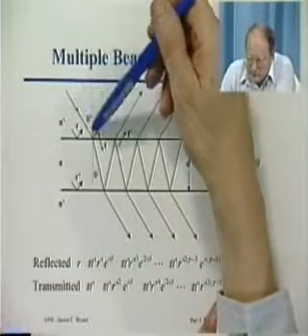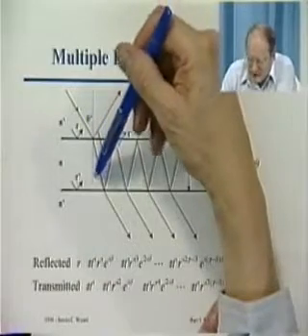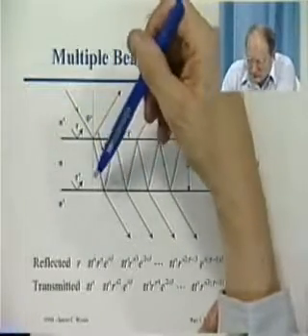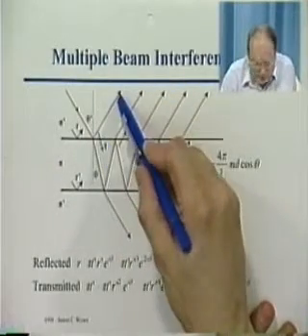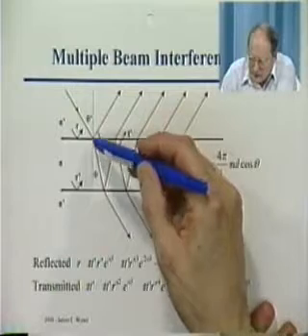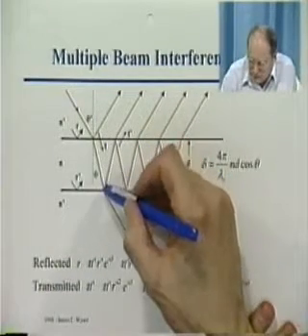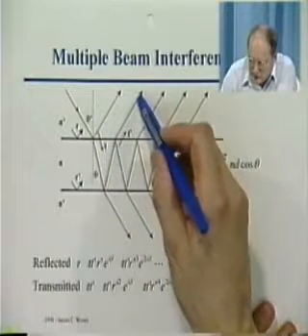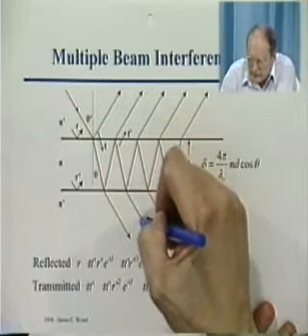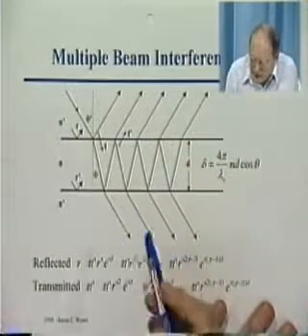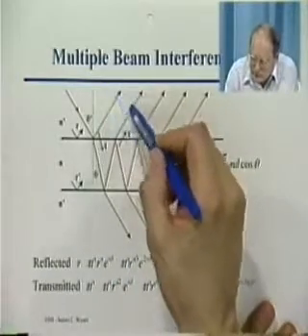We illuminate this with a beam of light coming in at some angle theta prime. And so inside the plate, it will make an angle theta. We have some light reflected up here. Some light is going to go through, be transmitted here. Some light is reflected here and will come out here. And some will come down here. We've already looked at the case where we interfered these two beams.